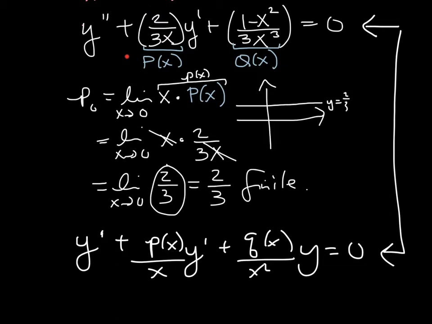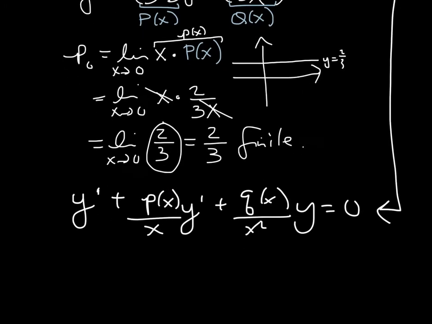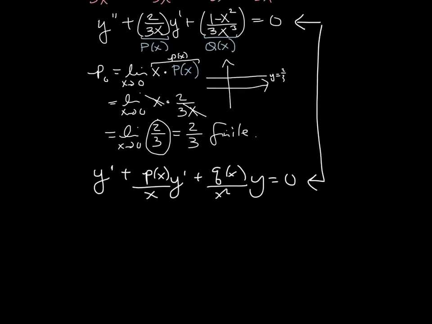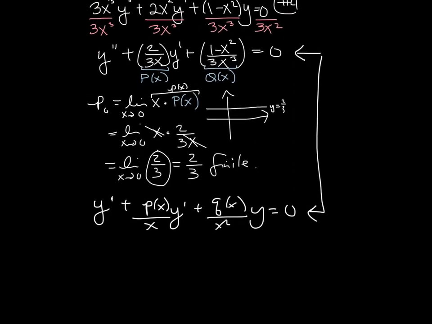Now, if you want to work with this form, this is fine. But this is nice as well when you see an x and an x squared. If you manipulate the equation to make your denominators x and x squared, then you're really just taking the limit of little p of x. So, for example, I'm talking about this piece here.